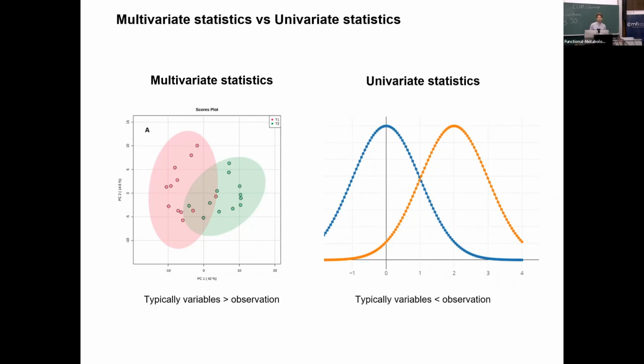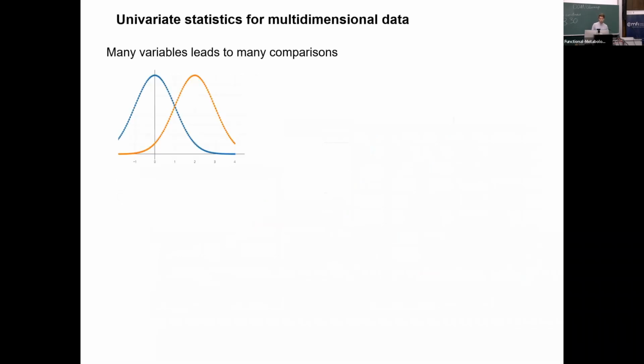Sometimes you may be interested in specific metabolites, whether they differ between two different conditions or groups in your data sets. Of course, there are specific issues that come with the fact that, contrary to what is usually the case with univariate statistics, we have more variables than observations. This presents some issues which we have to deal with, and we can deal with.